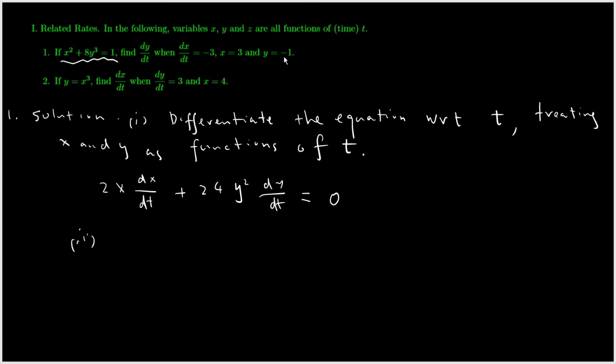It's always the case, differentiating the equation first, and then we plug in the numbers. Plug in all the conditions, so dx over dt equals -3, and the x value of 3 and the y value of -1 into the above equation.